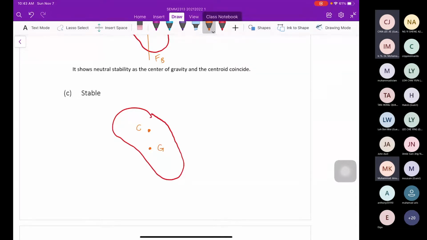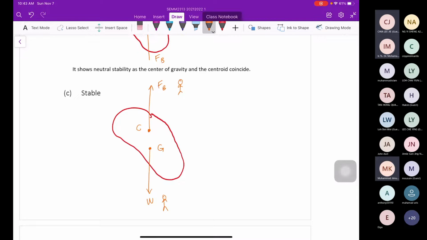The C refers to the buoyancy force, which is always acting upward. The G refers to the weight. When you have this kind of body, someone tries to pull this way and someone tries to pull this way. What do you think? It will become stable. It will be fixed.